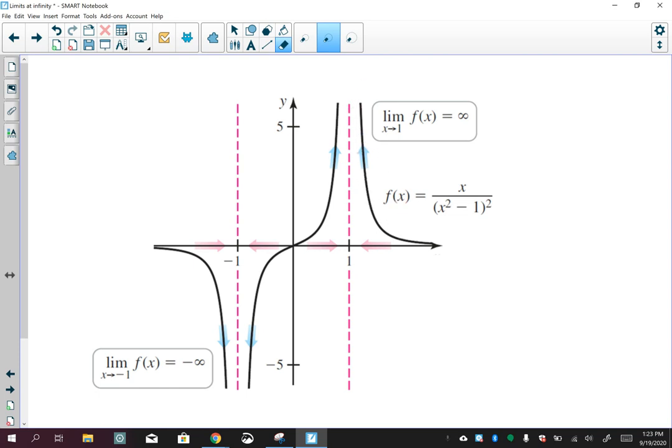And so if you're trying to figure out, okay, well, if I have a calculator, this is going to be easy because I can look at it. But what happens if I don't have a calculator? If you don't have a calculator, just do what you can. And if you take notice, we know that at 1, for instance, I get 1 over 0, so I have a DNE.